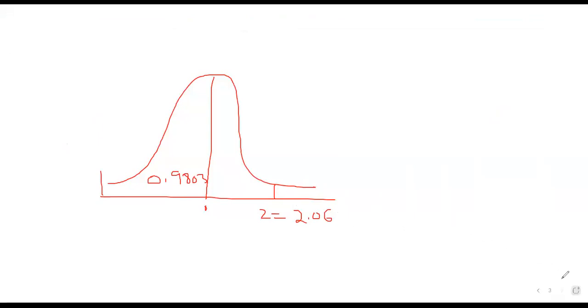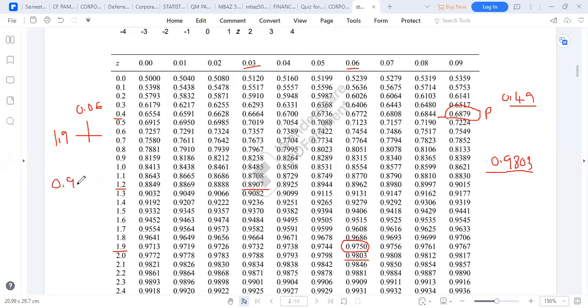All right. Suppose you're asked to find the Z for 0.9130. What is the reading for this? If you don't find the exact one, you get the closest one. 0.9130. What is the reading?